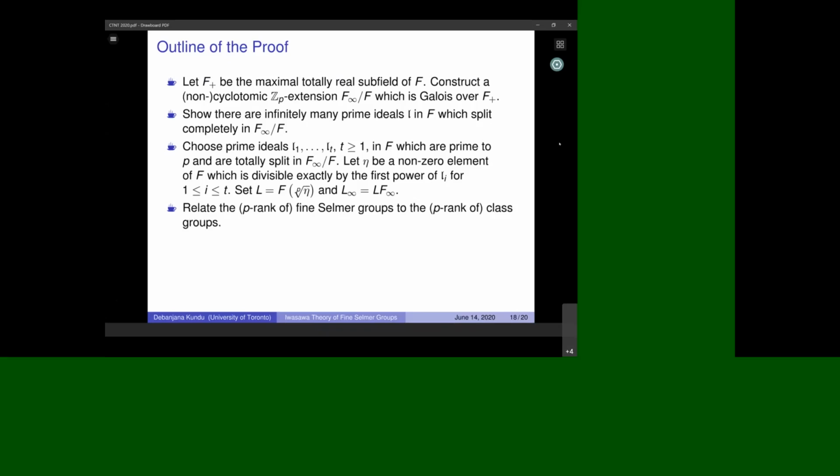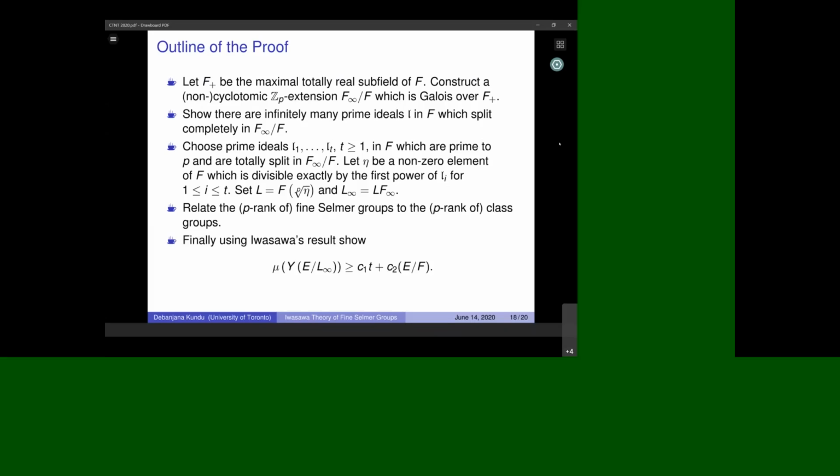You have to relate the P rank of the fine Selmer group to the P rank of the class group. And once you're able to do that, then you can use some very standard techniques to go from the P rank to the mu invariant.